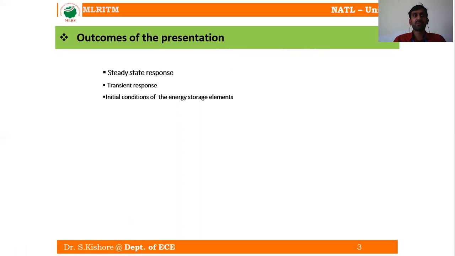If I speak with respect to the RC circuit, the energy storage element is going to be your capacitor. So the resistor won't come here, right? Why? Because the resistor has the capability of tolerating different alterations in the voltages or current.